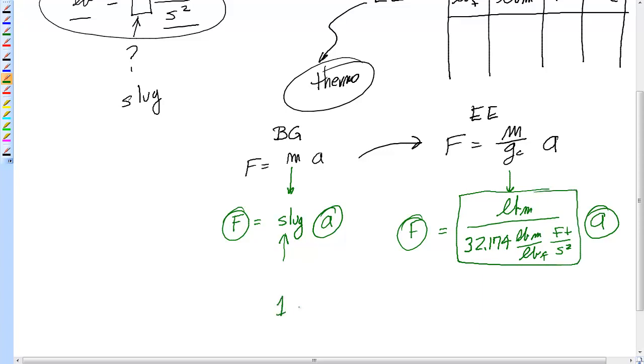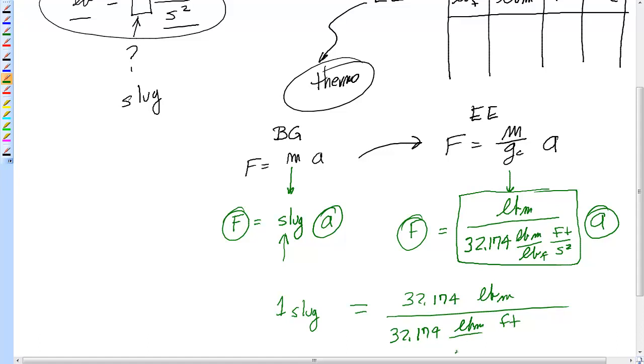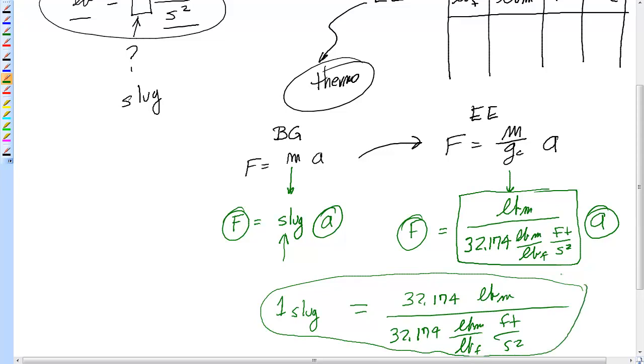Well, one slug is equal to 32.174 pounds mass. So you can argue that if you put in one slug, it's the equivalent of putting in 32 pounds mass. But the conversion between these two takes place directly between this value and this value. But this is a mess, and this is a lot cleaner.